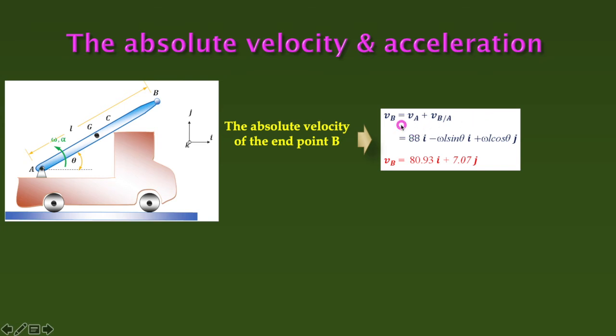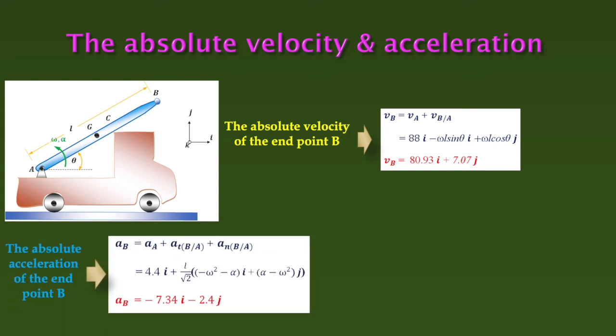This equation we have already derived, meaning the absolute velocity of B is the absolute velocity of A plus the relative velocity of B with respect to A. So VBA we have calculated as a vector, and VA is given data. So finally our velocity is this. So this is the absolute velocity of point B.